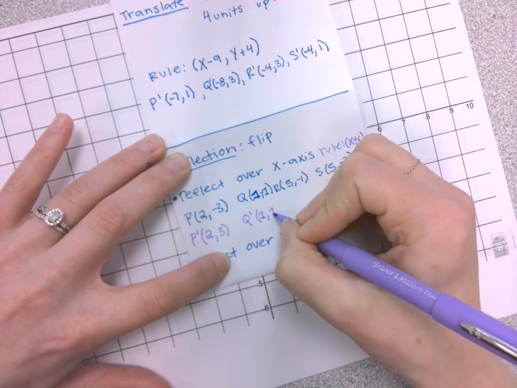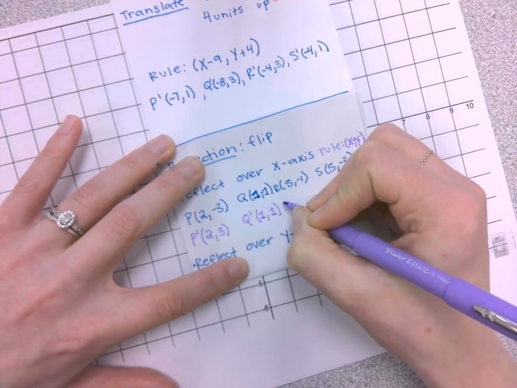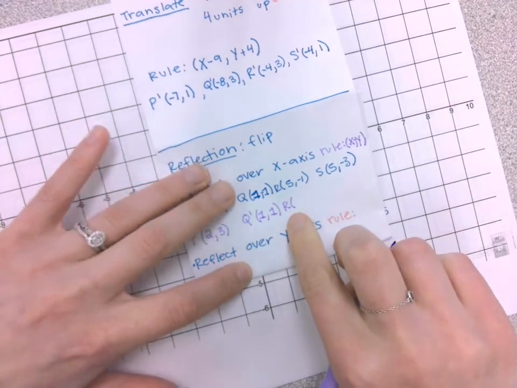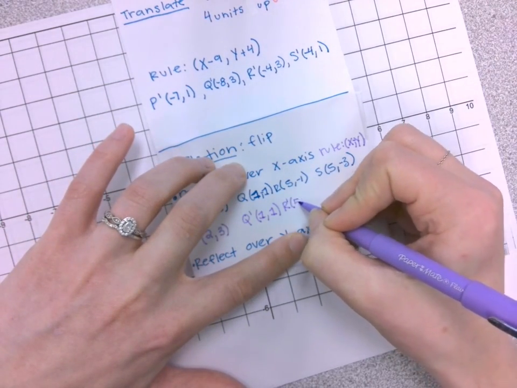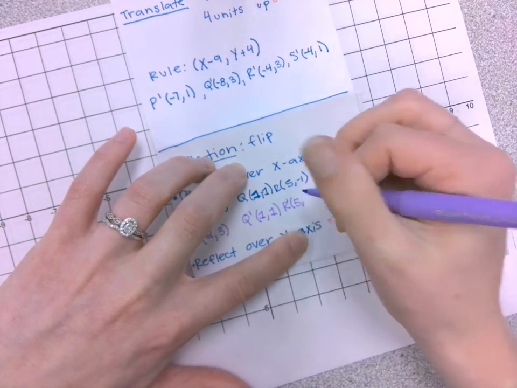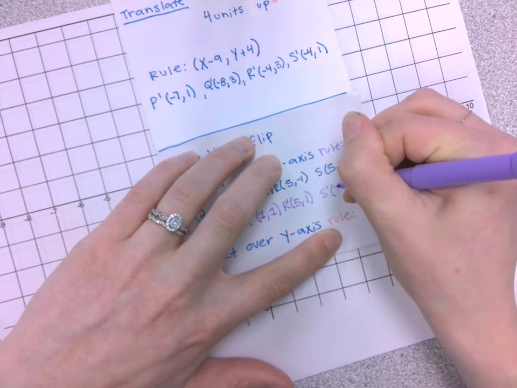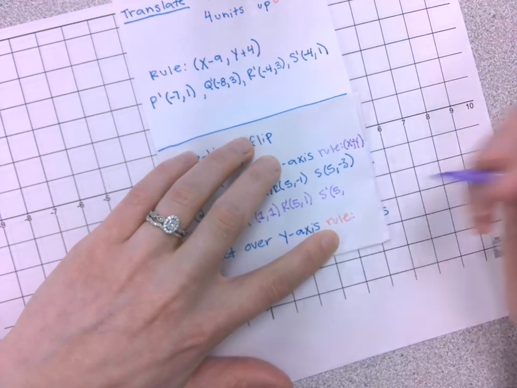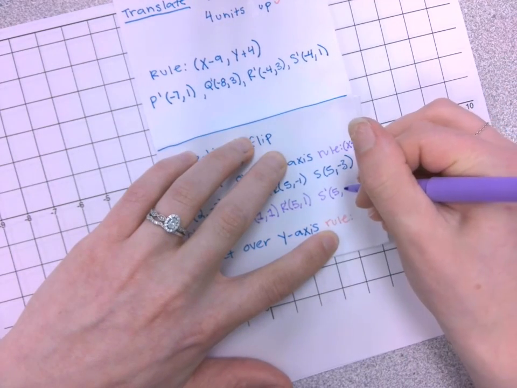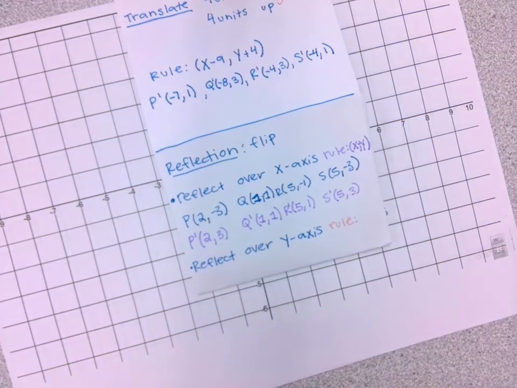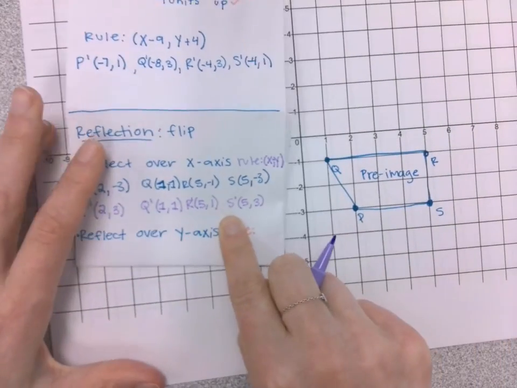So it was negative, now it's positive. My x value stays the same. My y value changes, so now it's positive. For S prime, my x value stays the same and my y value changes. Now it's positive.